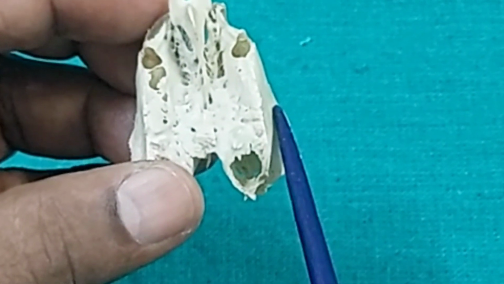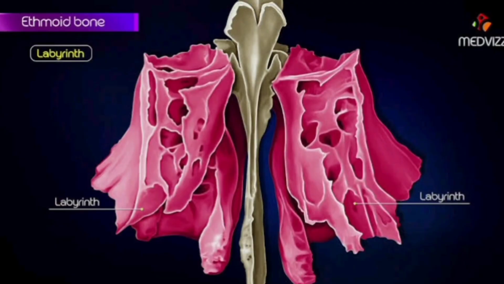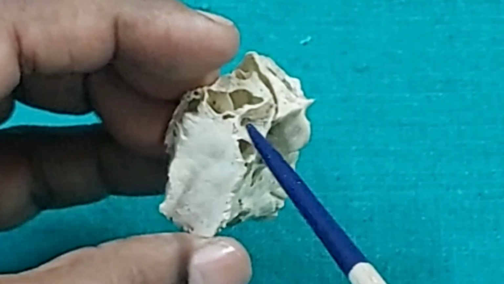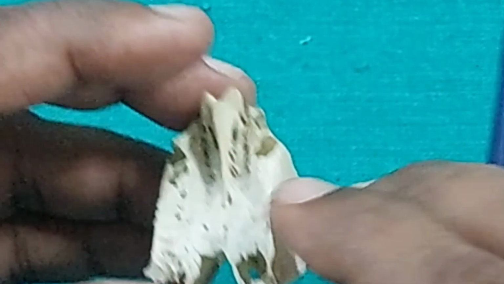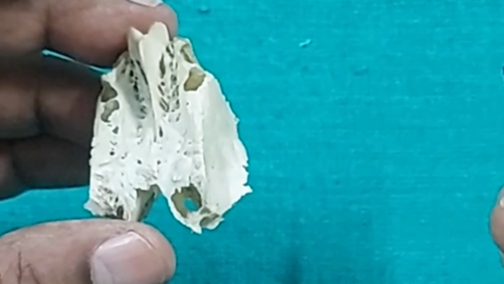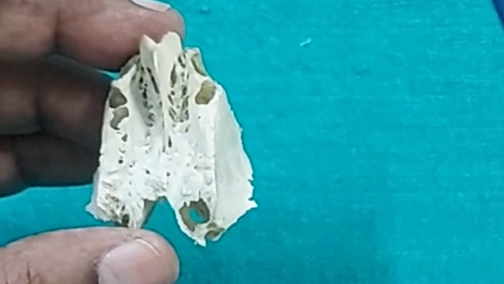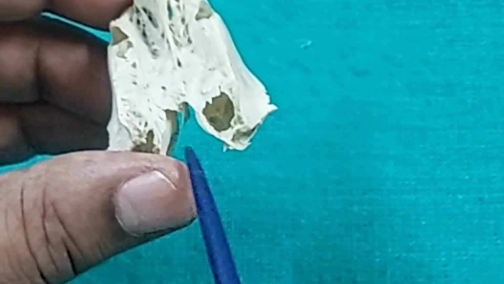This labyrinth or lateral mass contains a number of thin-walled cellular cavities. These are called ethmoidal air sinuses. Ethmoidal air sinuses open into the different meatuses of the nasal cavity below.